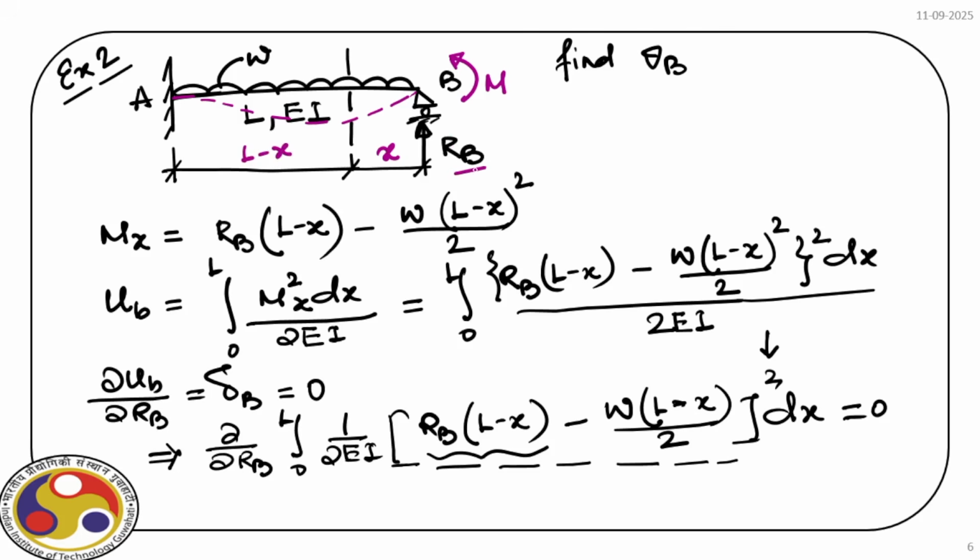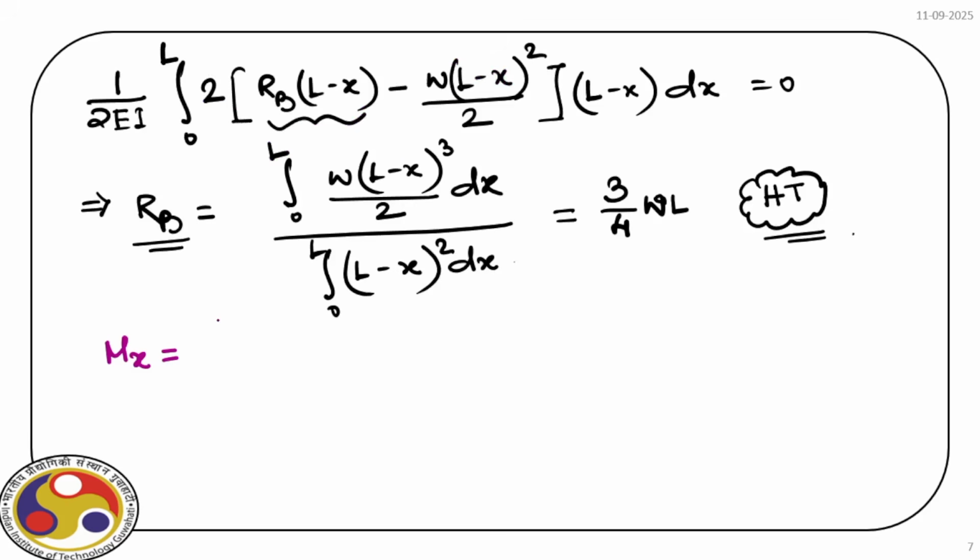So because we know RB, we can calculate the bending moment at this section from the right hand side. That will be much easier. So Mx equal to RB times X minus omega x square by 2.